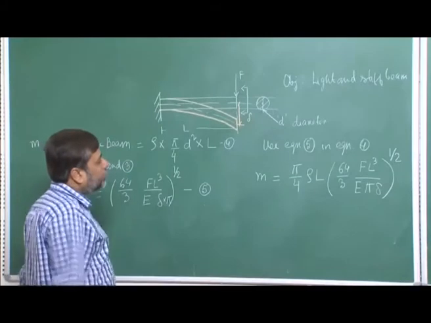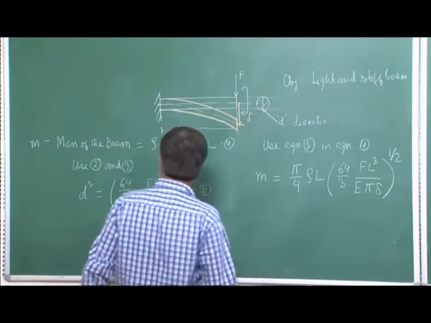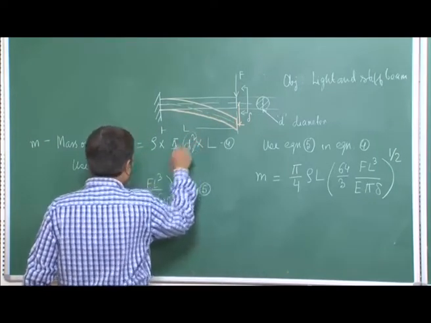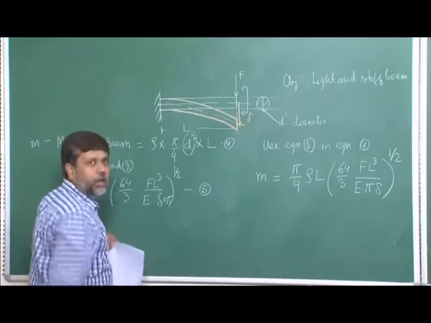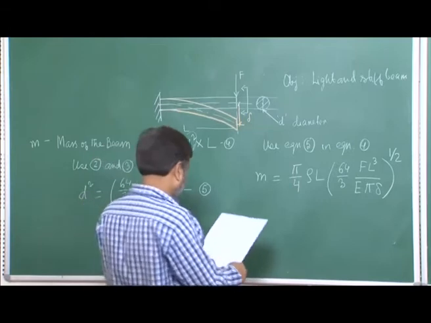That is the mass of the system. That is what we are getting once we substitute the d square term by this expression from equation 5.